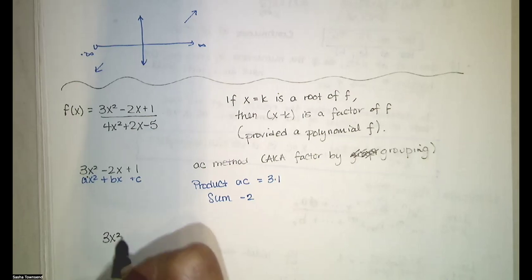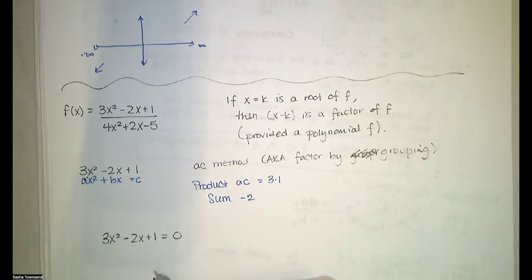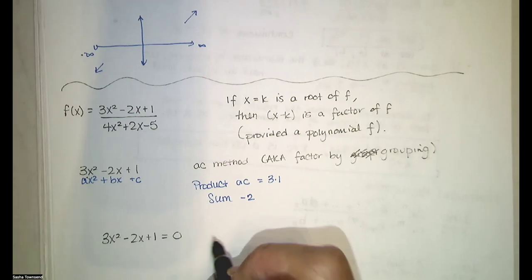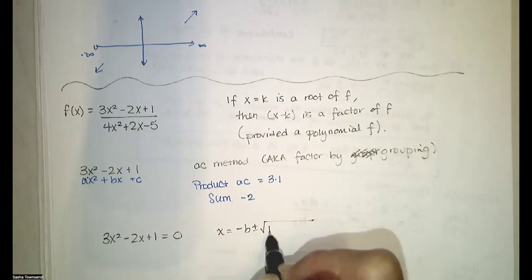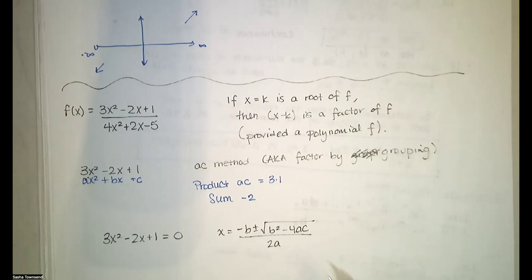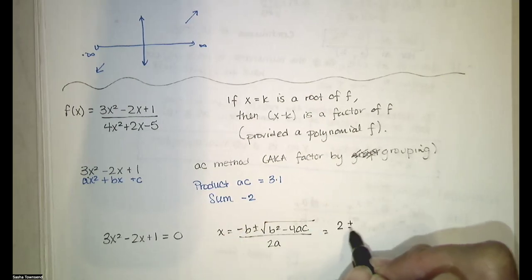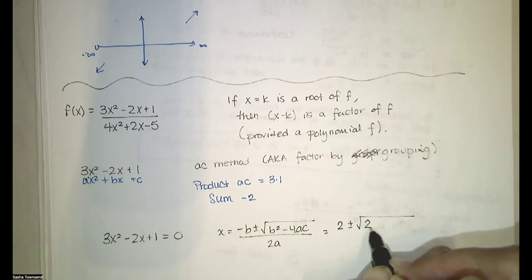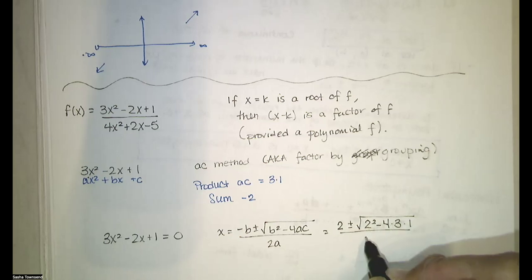Well, you could just set this equal to 0 and solve, because the definition of a root of a polynomial is just an x value that causes that polynomial to be 0, and that can be solved using the quadratic formula: x equals -b plus or minus the square root of b squared minus 4ac, all divided by 2a. If b is -2, we've got the opposite of -2, which is 2, plus or minus the square root of 2 squared minus 4 times a times c, all divided by 2 times a.